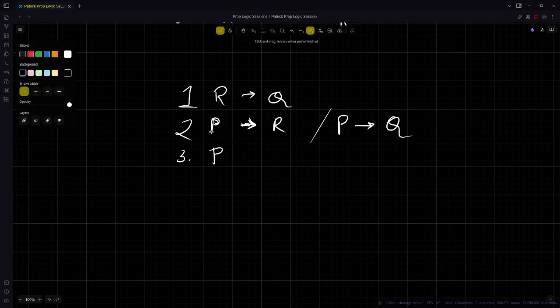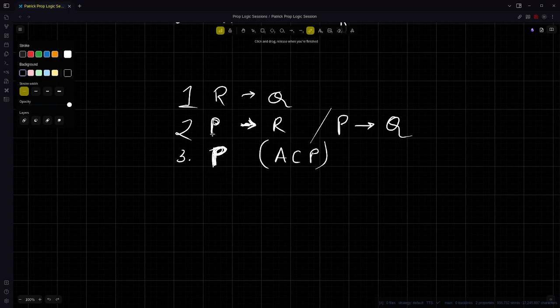Okay, so I have these two premises, right? This is premise one, this is premise two, and this is what I want to prove. Now, what I can do is assume P to be true, and I'll specify this is an assumption for conditional proof.